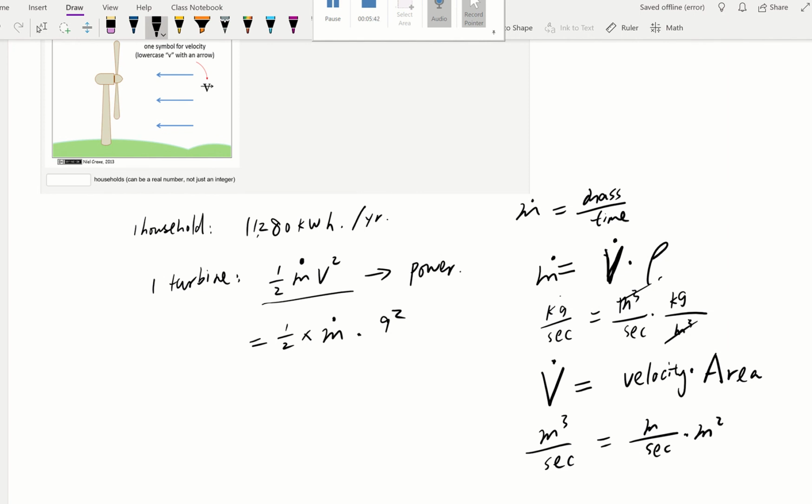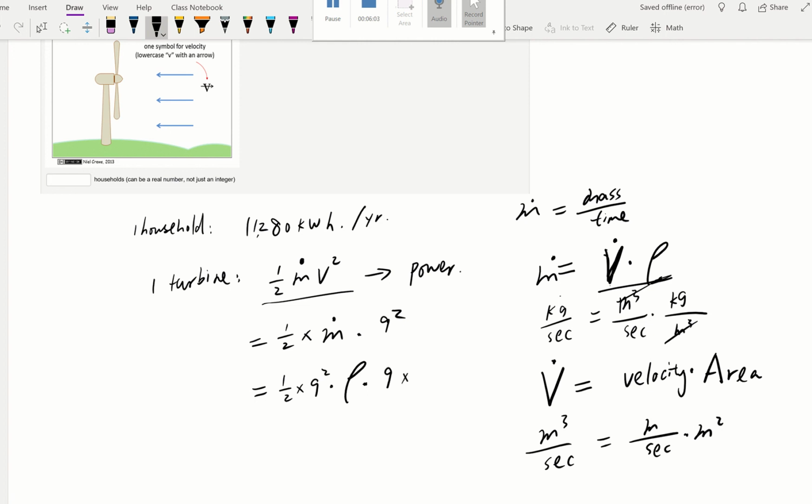The power input is going to be half m dot v squared, half 9 squared, and m dot. This m dot is going to be the density of the air times the volume flow rate. So it's the density. Volume flow rate is the velocity, which is 9 meters per second, times the area.